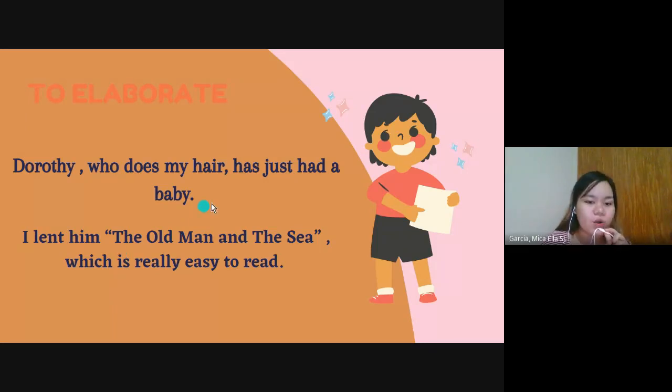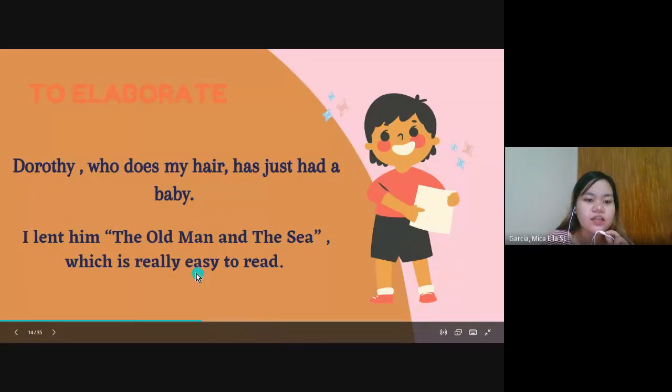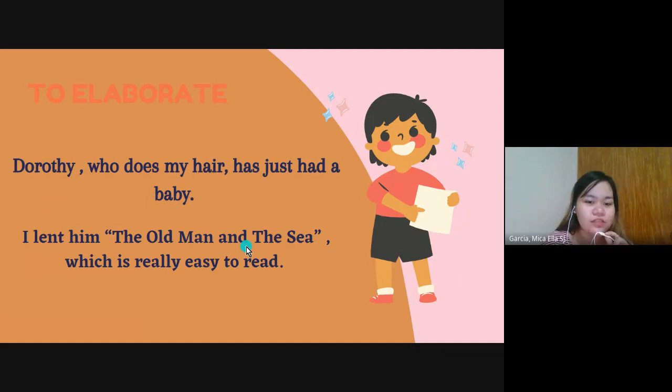I lent him The Old Man and the Sea, which is really easy to read. So, The Old Man and the Sea is a book, and a book is a thing. That's why we use the relative pronoun which. Again, we cannot remove which if we are adding some additional information.